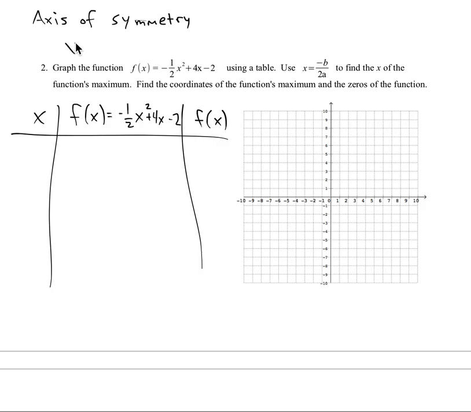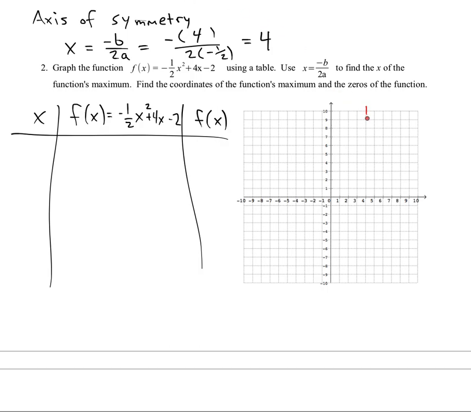So let's use the formula x equals negative b over 2a. Our b is 4, and our a is, for this parabola, negative 1/2. Okay, that's going to come out to an x of 4.